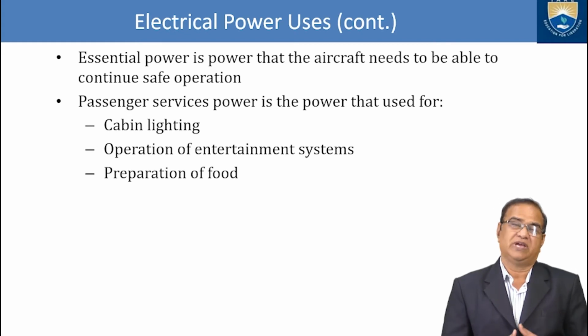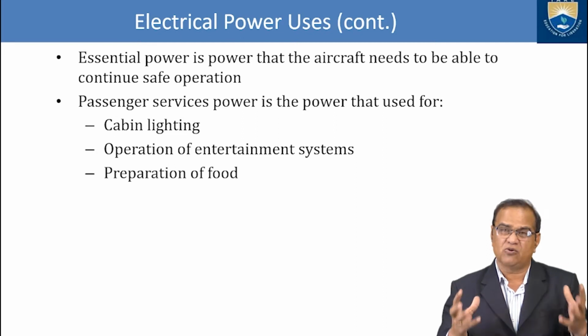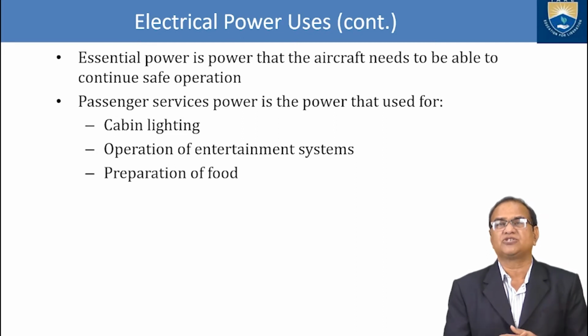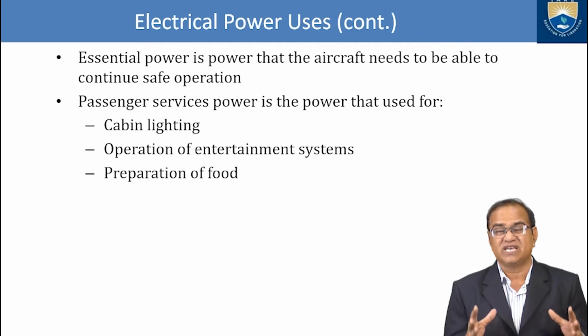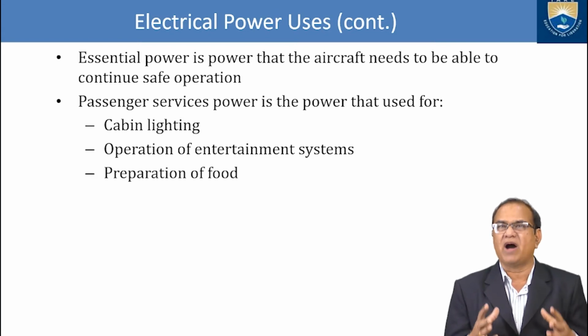Like your flight control system, your engine control system, or your hydraulic system, pneumatic system, this all has to be operated for the safe condition of the landing, for the takeoff, for the cruise, for the loiter, for maneuvering. All types of systems we need, and there we need power to operate the system.